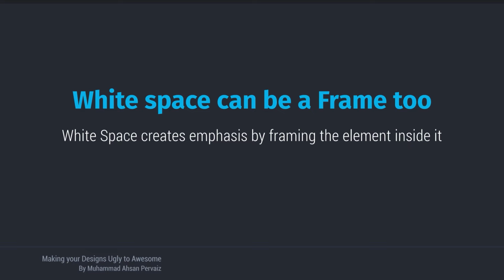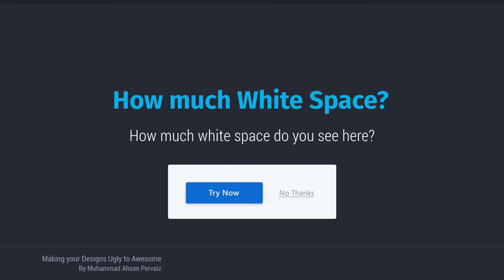You might have seen photo frames where the photo or the text in them is very small and there is a lot of white space around it. When you put a lot of white space around something, it gives it more emphasis and it looks cleaner and more sleek. You can see here I have designed a very small try or no thanks box.